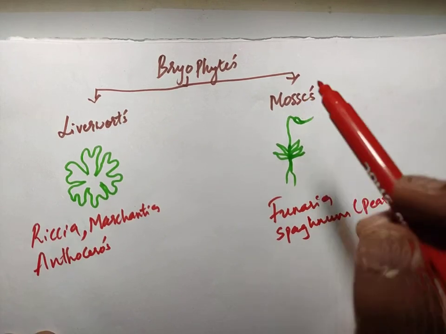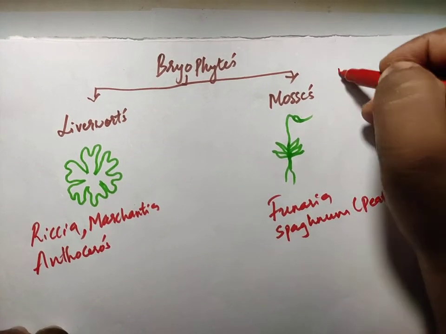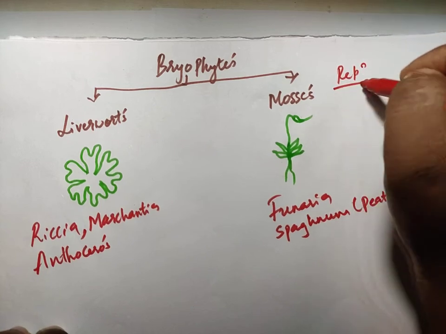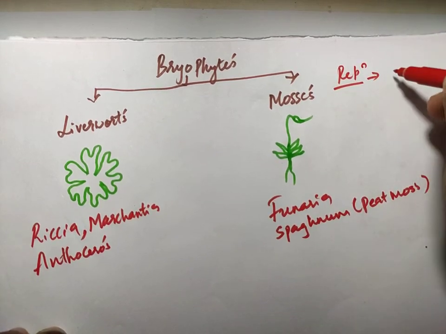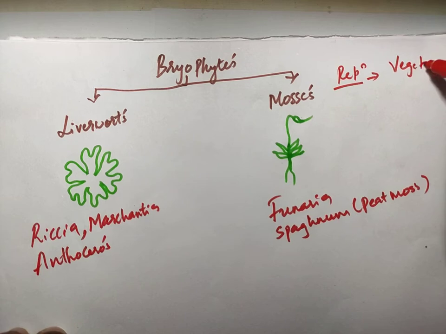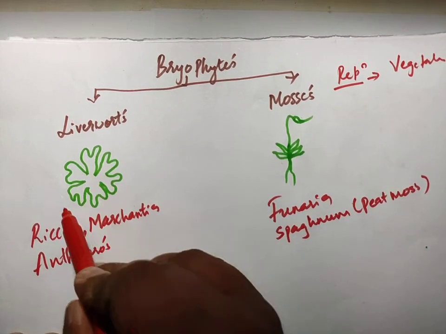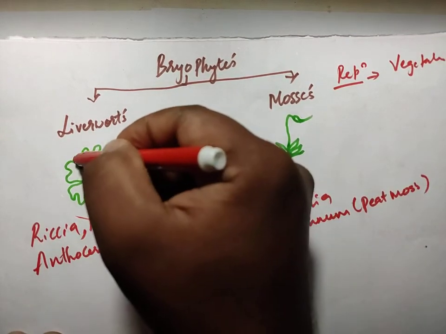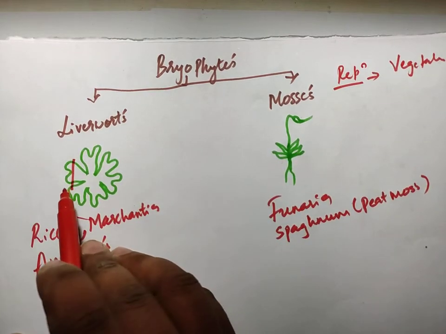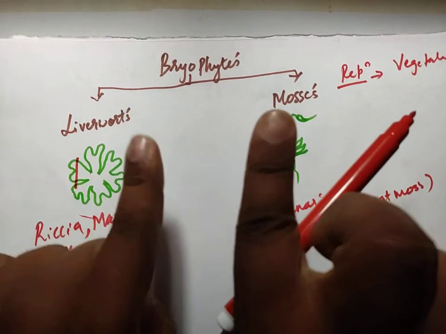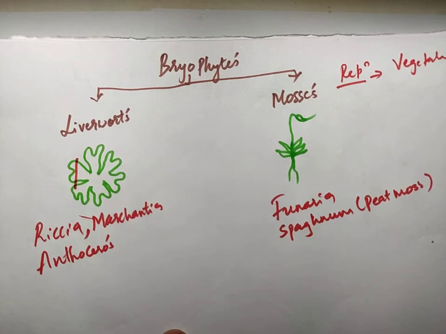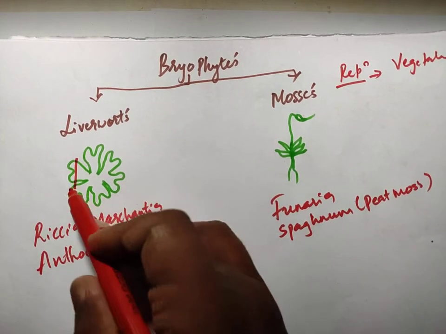Now when we come to reproduction, reproduction can take place by the vegetative method. Now what is this vegetative method? As you can see here, this particular part shows dichotomous branching. This region is highly meristematic and contains meristematic cells.